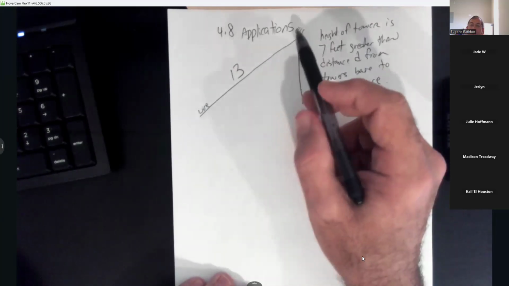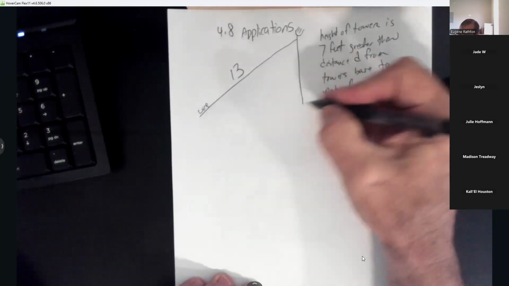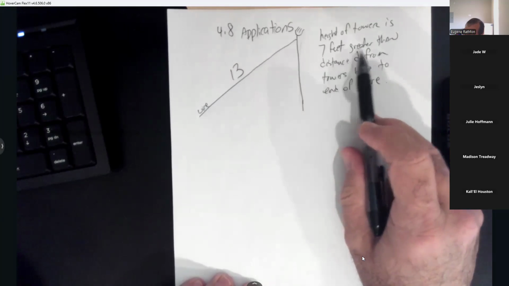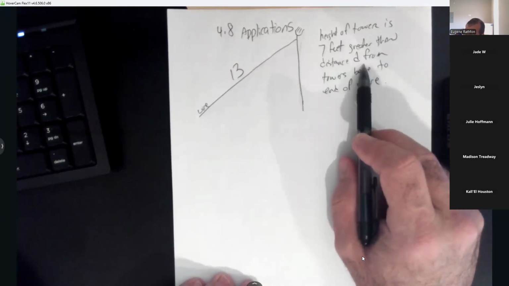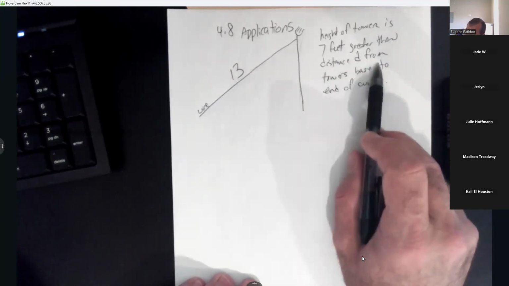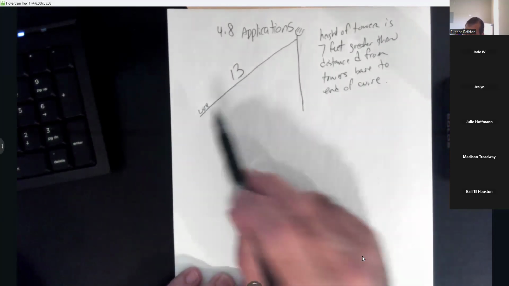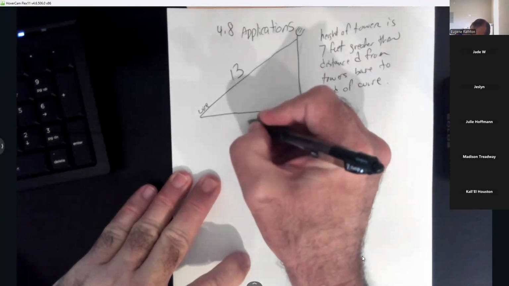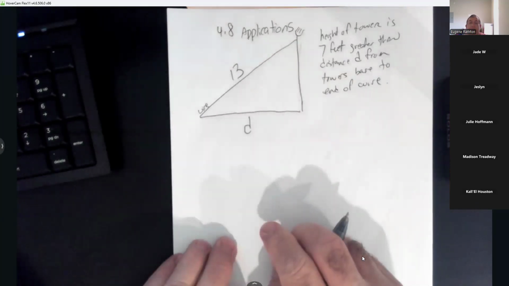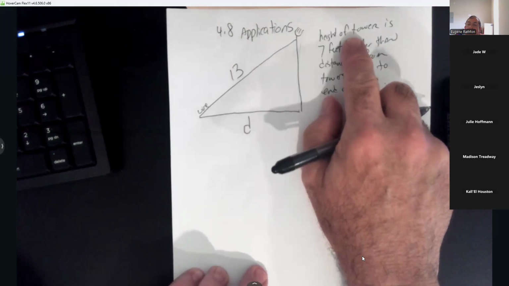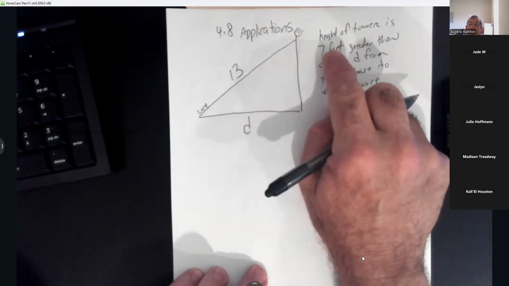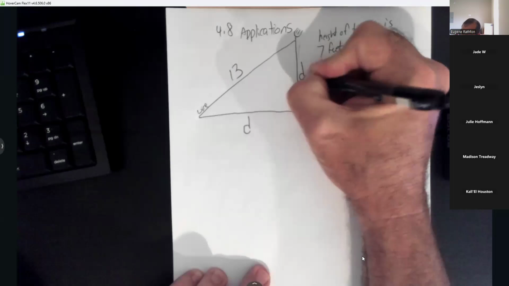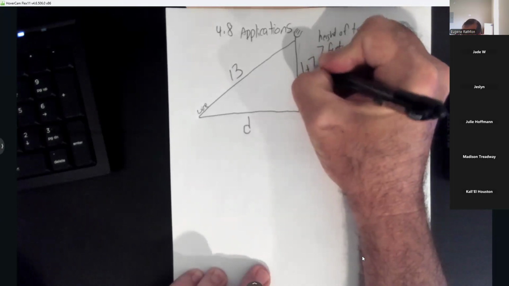Then it tells me the height of this tower is 7 feet greater than the distance D, and distance D is from the base of the tower to the end of the wire. So they're saying that this distance right here is distance D. And the height of my tower over here is 7 feet greater than that distance. So that's going to be D plus 7.